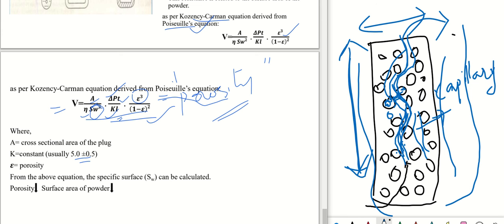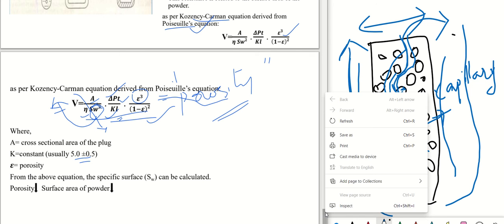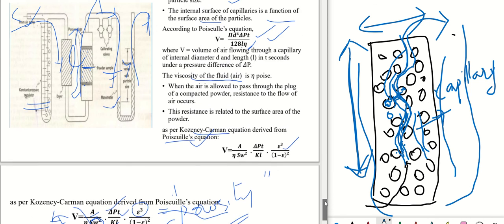The volume of gas absorbed can be easily read from the changes in the pressure differences that can be read from the manometer. By cross multiplying, taking SW squared on the left side and V onto the right hand side, we can easily determine the specific surface area of the powder. This is how we interpret the results from the instrument called Fisher sub-sieve sizer.